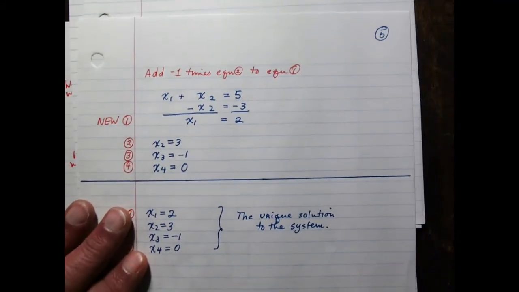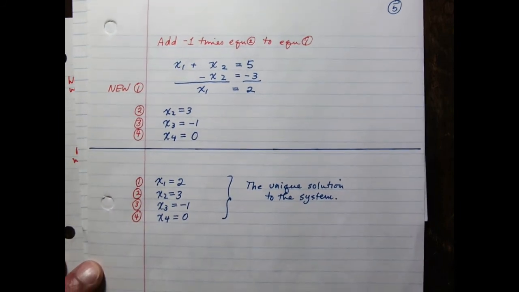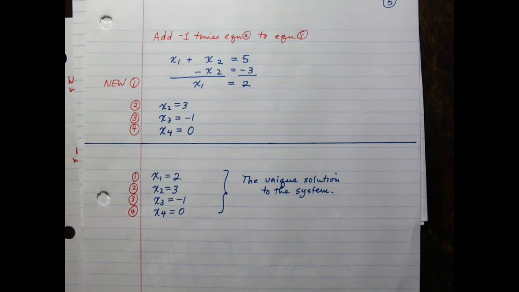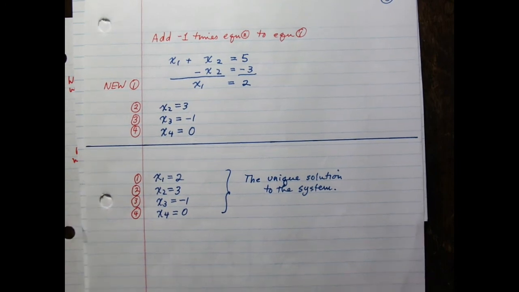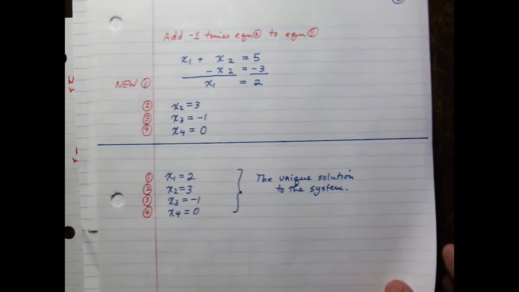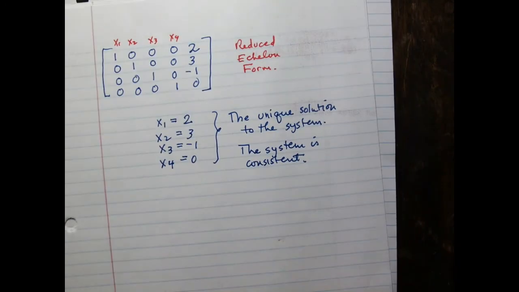Eventually we get to here, and we end up with just the equations x1 equals 2, x2 equals 3, x3 equals negative 1, and x4 equals 0. So you don't have to be able to reproduce that, but I just want you to see that everything we did with the matrix corresponds to manipulation of the equations that get us to the same result.